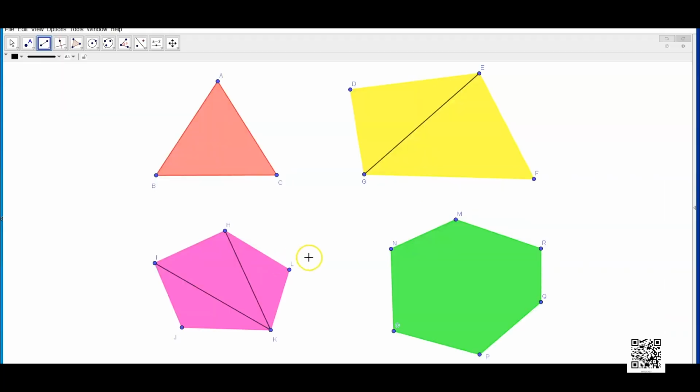Then, moving on to the hexagon, again we join the non-consecutive vertices using line segments, or in other words, we are drawing its diagonals so that we are able to split the hexagon into smaller triangles. So, we could split the hexagon into 4 triangles by drawing its diagonals.